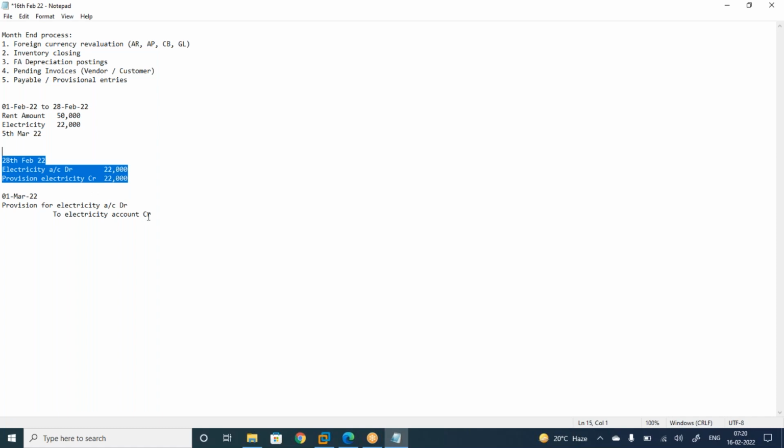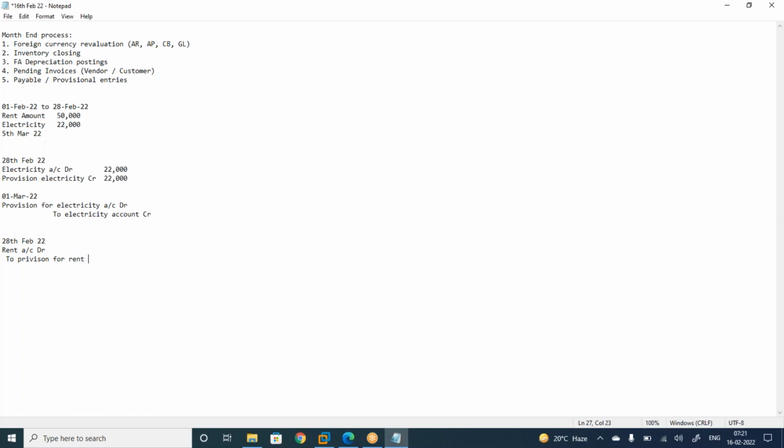This kind of entry accountants will do a lot. Suppose rent amount. On 28th Feb, they can enter rent account debit to provision account. The rent amount is fixed, so rent account debit to provision for rent, or rent payable, anything is fine.